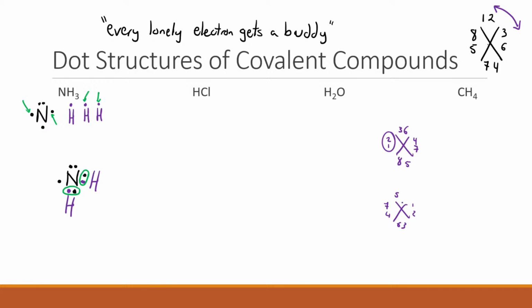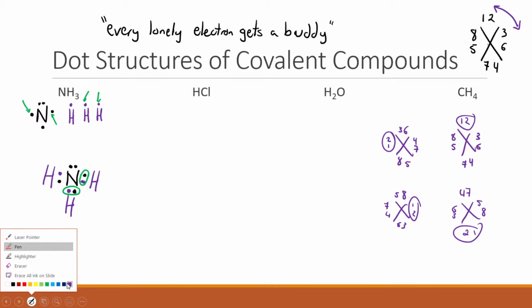But notice, no matter where I'm starting from, the order still stays the same. No matter which side I start from, I'm still doing this pattern. It's just now rotated around so that we could click more easily into place our lonely electrons.